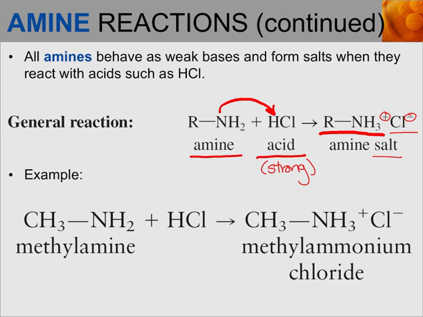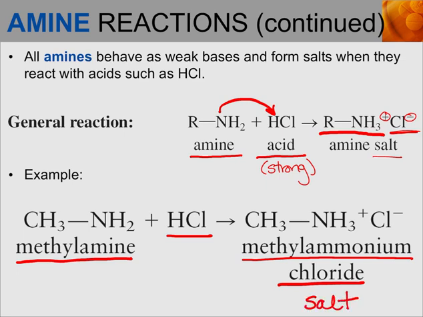So here, because we have a chlorine instead of a hydroxide ion, that's what makes it a salt, kind of like sodium chloride. All right, so if we react methylamine with hydrochloric acid, we get methyl ammonium chloride. And again, that will be our salt product.